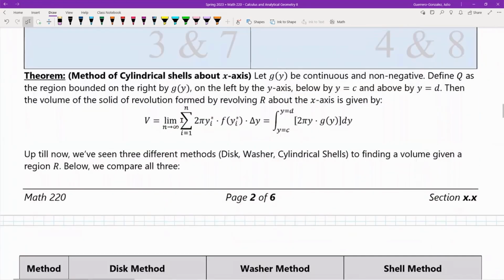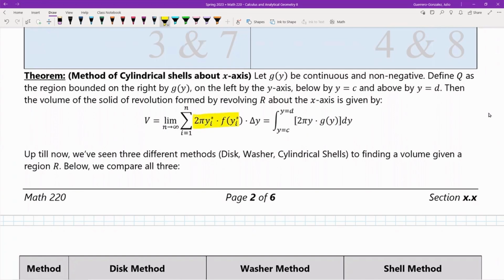Moving on. Just like we had integrals based on dx when we were doing the x-axis, we also have a formulation for the exact same thing when we want to do it over the y-axis, over the y variable. The theory doesn't change.